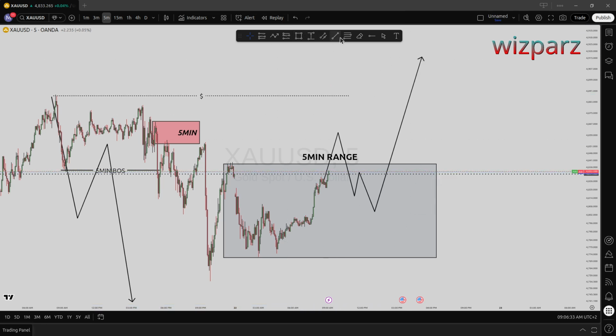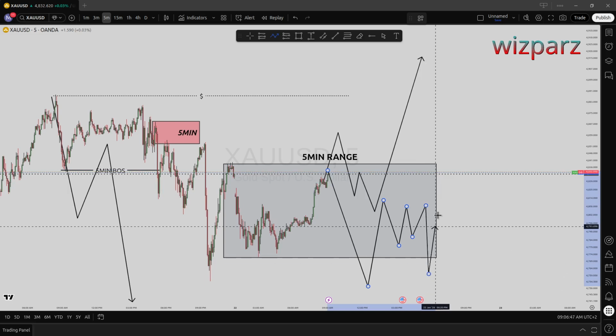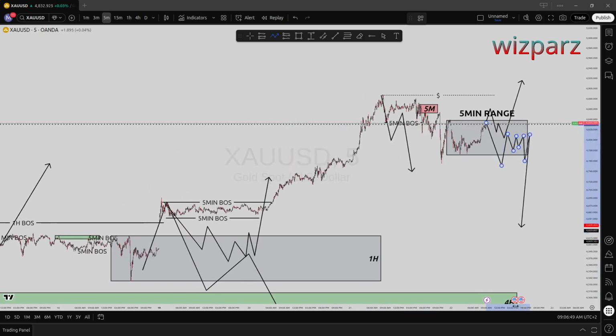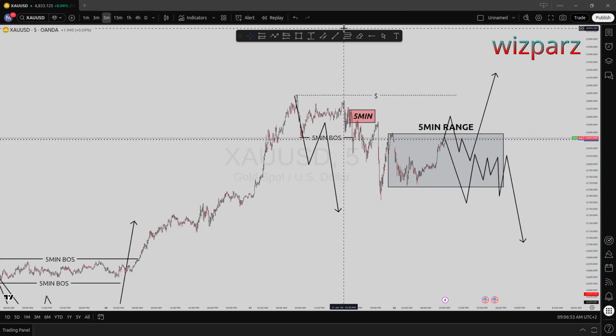Or if price decides to come back and then break this structure, this will be a very nice setup to look for. Then I'm going to wait for a 1 minute change of character, then look for a short opportunity targeting all of these descending liquidity resting here.